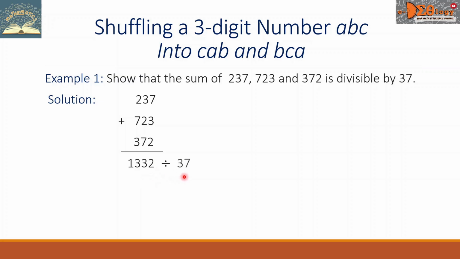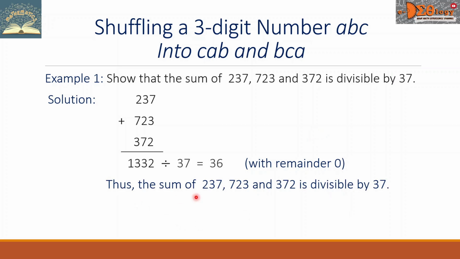When we divide this by 37, we should get a whole number, and that is 36. Note that there is no remainder in the quotient. The remainder is 0. Thus, the sum of 237, 723, and 372 is divisible by 37.